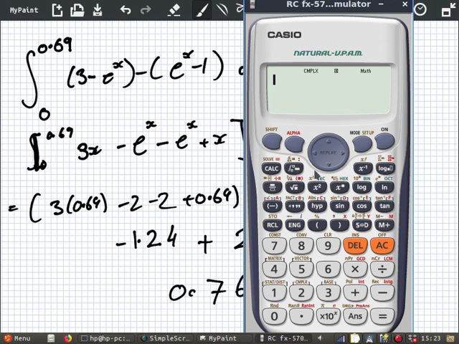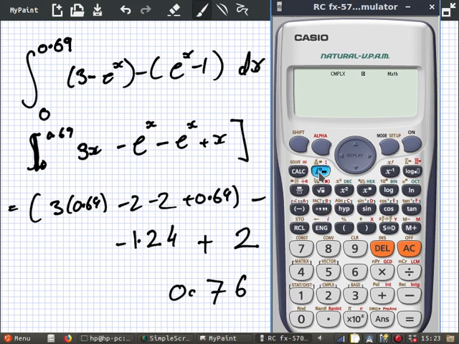What the heck? It's just not working anymore. Oh, it's stuck in complex mode, I guess. I'll just clear everything. Integrate from 0 to 0.69, which is just log 2.